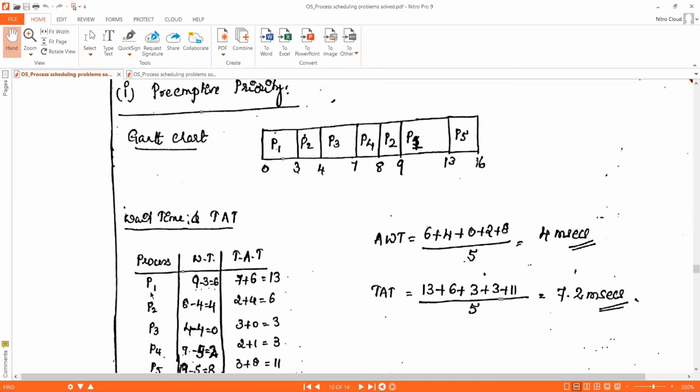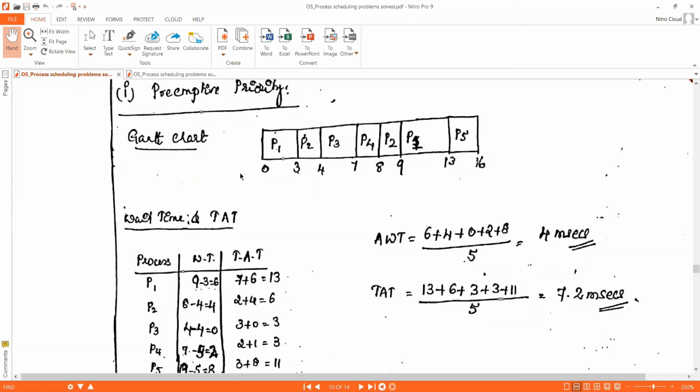Understood, right? How do we find the waiting time? If the process is allotted again to the CPU, it is allotted time minus its arrival time, plus last allotted time minus its previous preempted time. The last allotted time of process 1 is 9, minus its previous preempted time of 3 milliseconds.